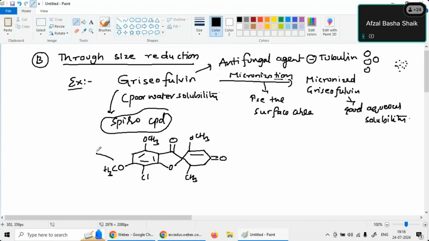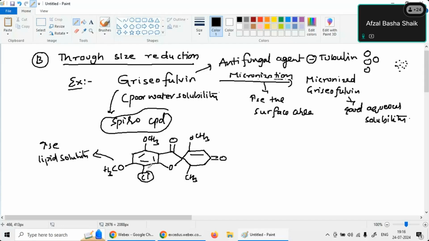Alkoxy groups will increase what? Lipophilicity, lipid solubility, right? Alkyl, alkoxy, everything, right? This chlorine will increase the lipid solubility. The total number of carbon atoms is 6, 7, 8, 9, 10, 11, 12, 13, 14, 15, 16, 17. Oh, it's too lipophilic, right?